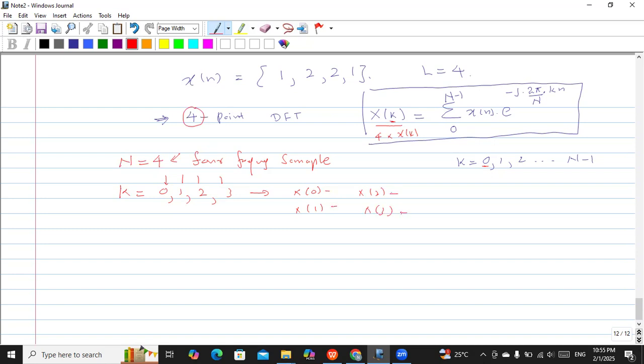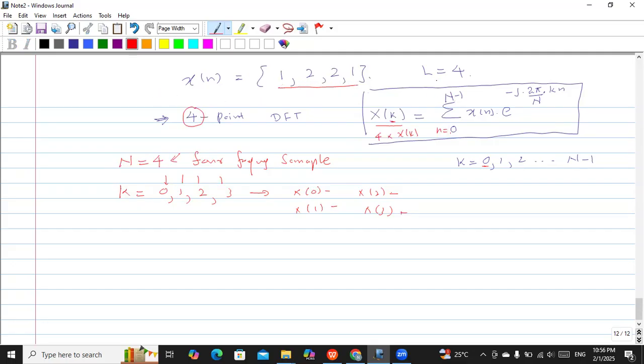And this is our signal, n from 0 to N minus 1, that means 0 to 3. All the time samples will be calculated.